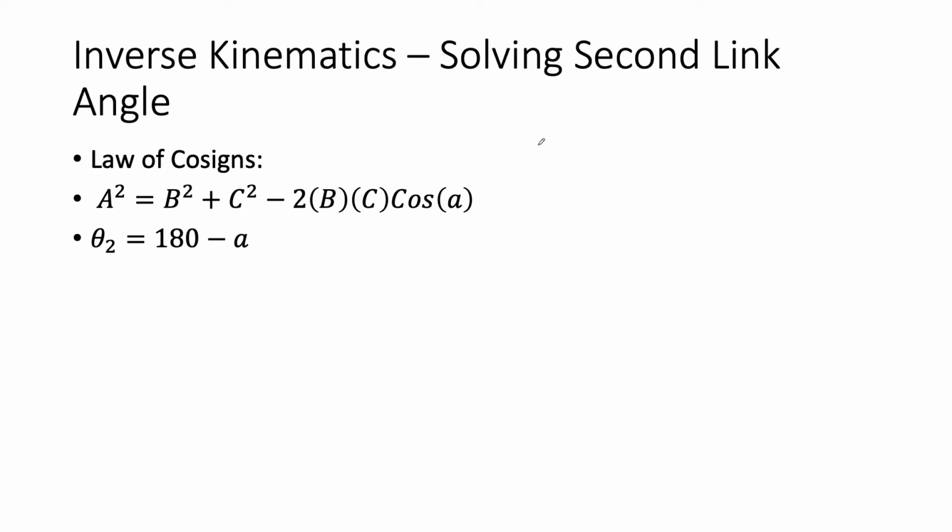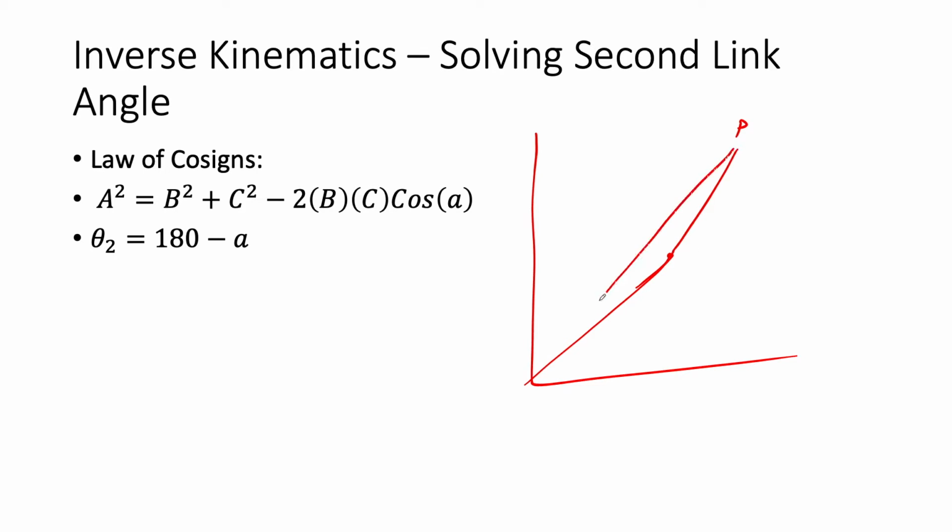Once we know that, we are able to figure out what our gamma angle is. Let me explain what that means. We know what P is at this point, and we know L1, and we know L2. So we know three parts of this weird triangle that is not a right triangle, obviously.